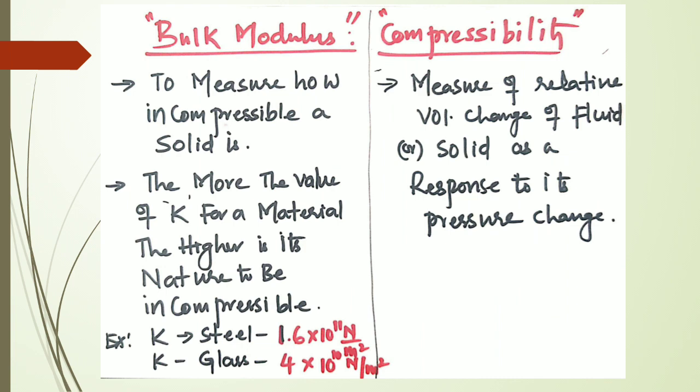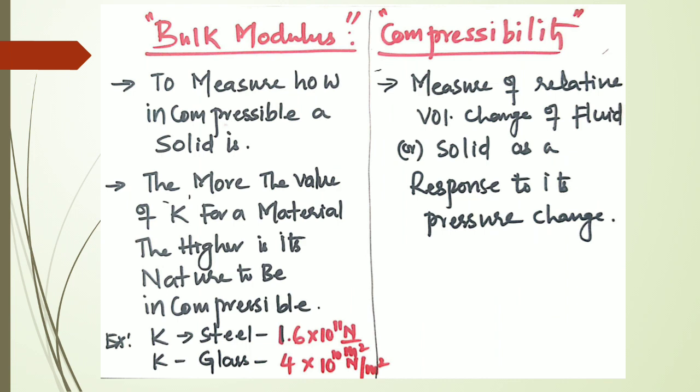What is the strength of a particular fluid or solid? How far can I compress the fluid? The bulk modulus can be denoted as K here. The more the value of bulk modulus for a material, the higher is its nature to be incompressible.